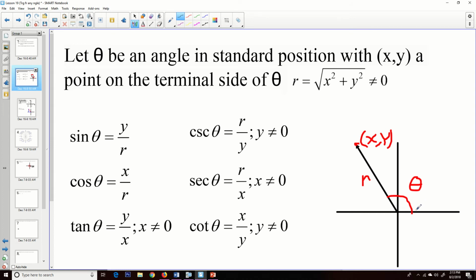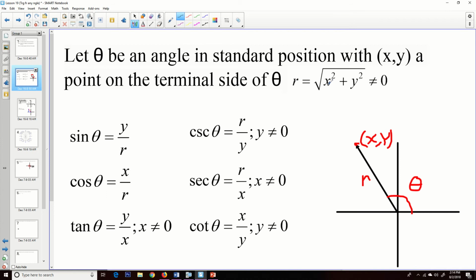So let's say I have some angle theta here with some length right here to some point (x, y). Now, if this length, which I'm calling r in this particular instance, is not 1, then the sine of theta is no longer just y, it's y over r. If you notice that this looks very much like the Pythagorean theorem, that's because it is.